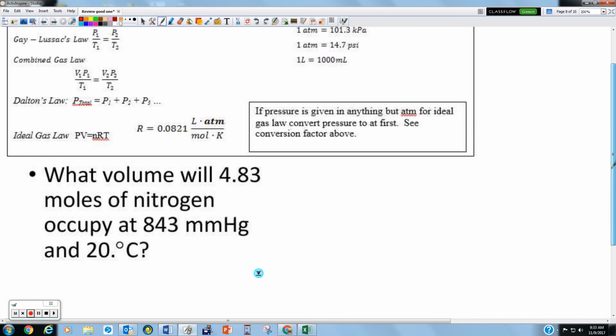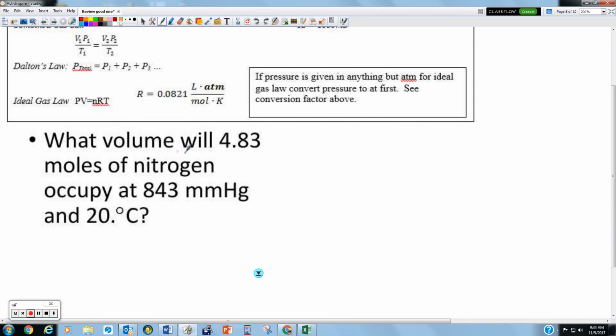All right. So looking at this one, what volume will 4.83 moles, so this is a moles, what volume, that's a question mark, what volume will 4.83 moles of nitrogen occupy at 843 millimeters mercury, that's a pressure, and 20 degrees Celsius, that's a temperature.